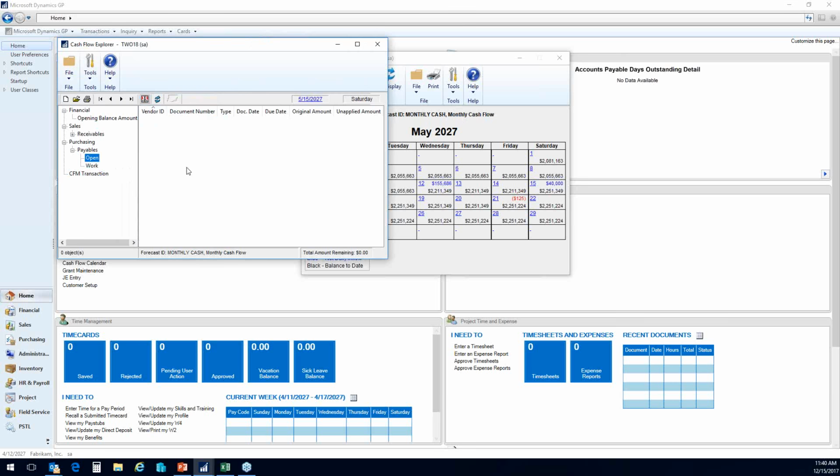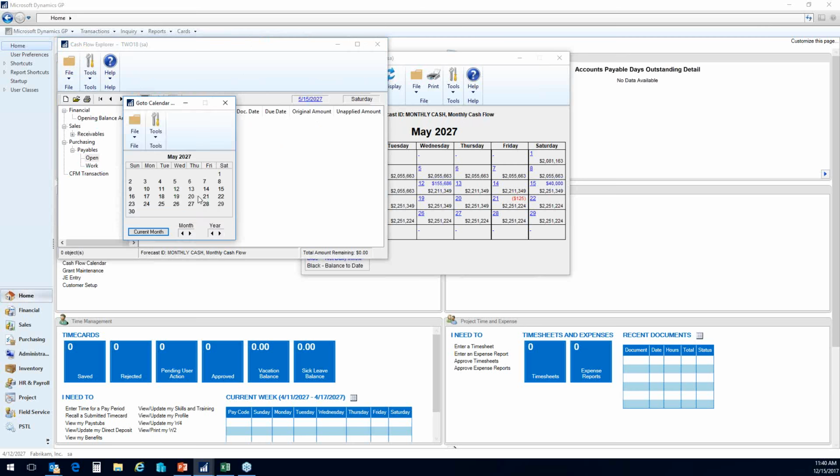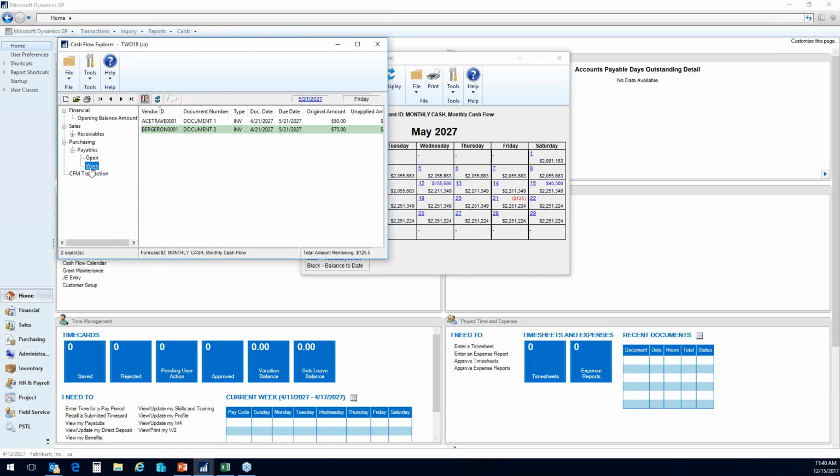If there's any accounts payable that are going to be paid that day, there's something going out on the 21st here. And so if we grab that, okay, you'll see on the cash flow calendar, I'm expecting a negative $125 net to be spent.